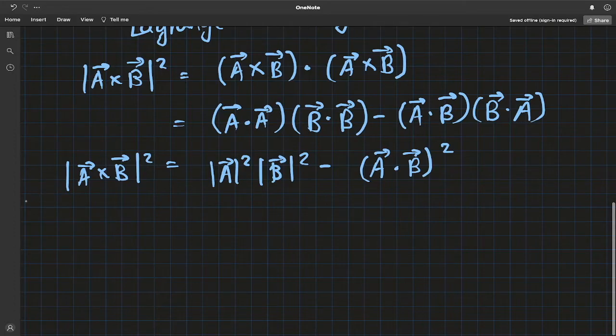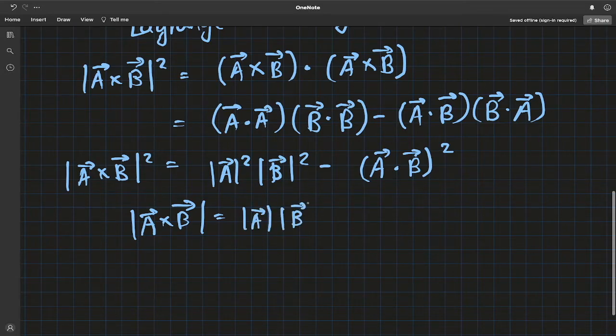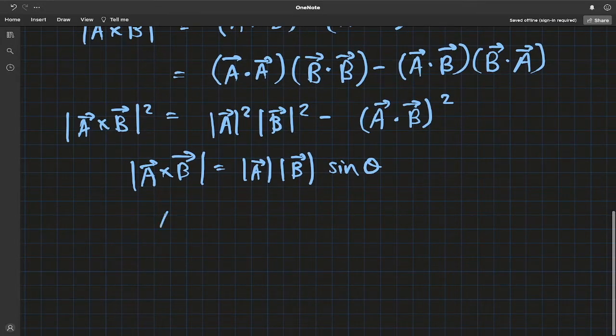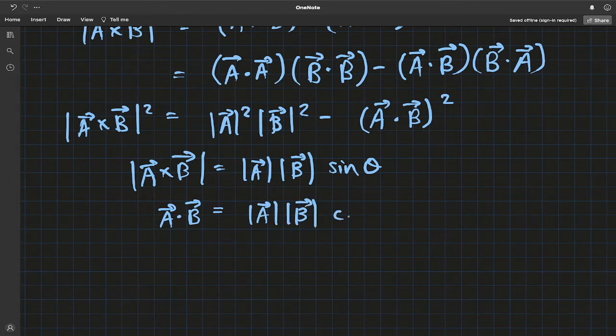Now if you were to use the trigonometric definitions of these, you might recall that the magnitude of A cross B was magnitude of A times magnitude of B times sine theta, where theta was the angle between them. Similarly, A dotted with B was magnitude of A, magnitude of B, cosine of the angle between them, which was theta.